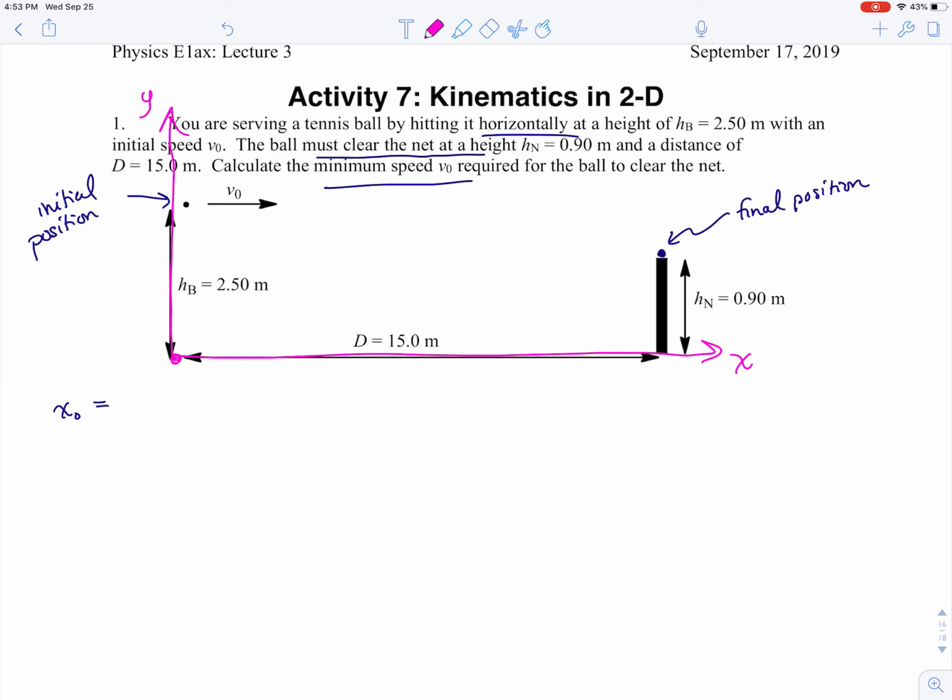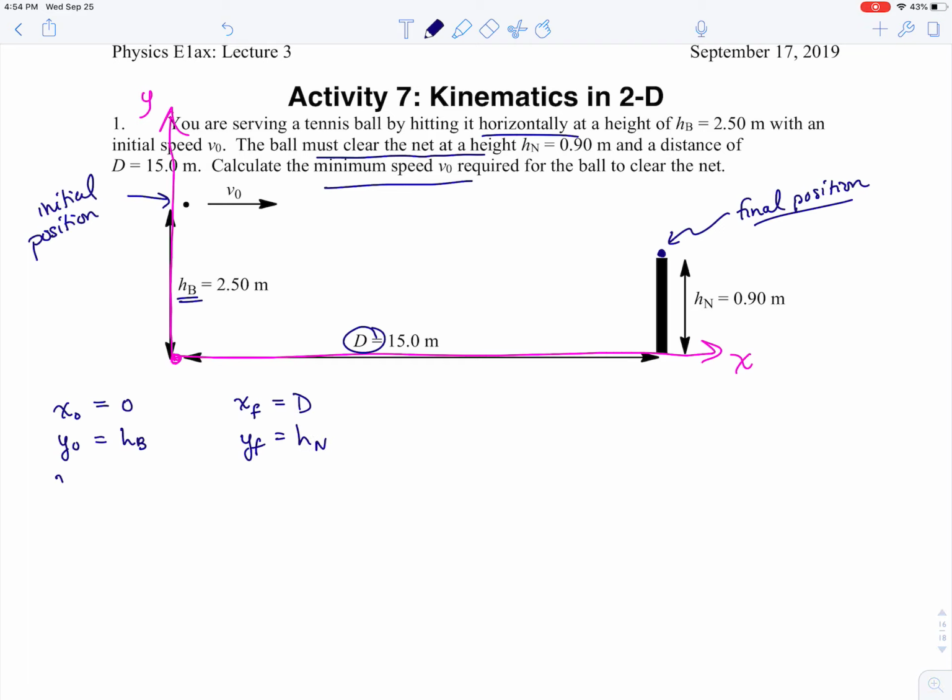So initially, the ball is at x equals 0, and at the final position, the ball is at d. Okay, so how about y? Y initial is hb, and y final is the height of the net.